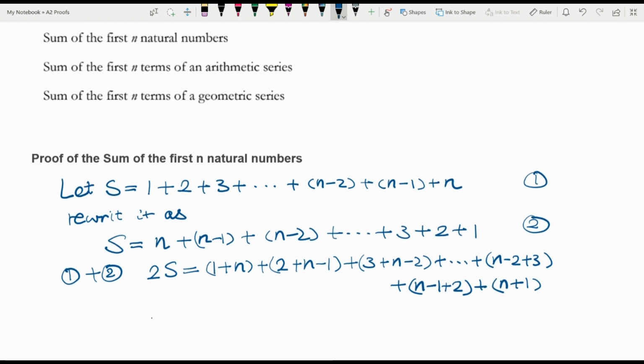And we simplify this. The right hand side, we have n plus 1, n plus 1, n plus 1.